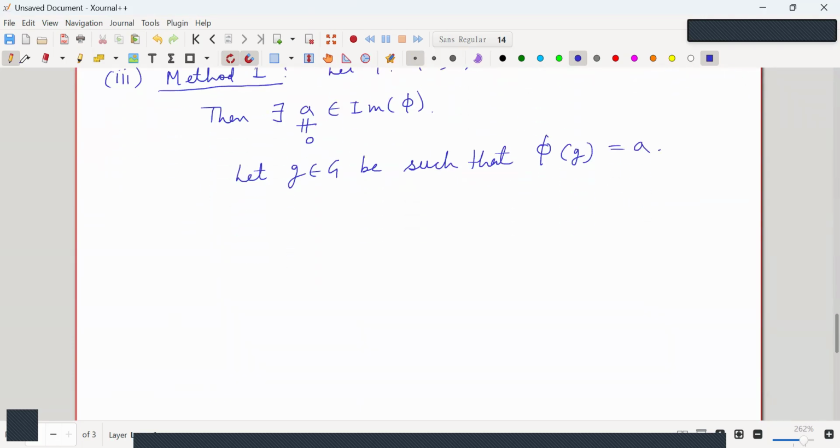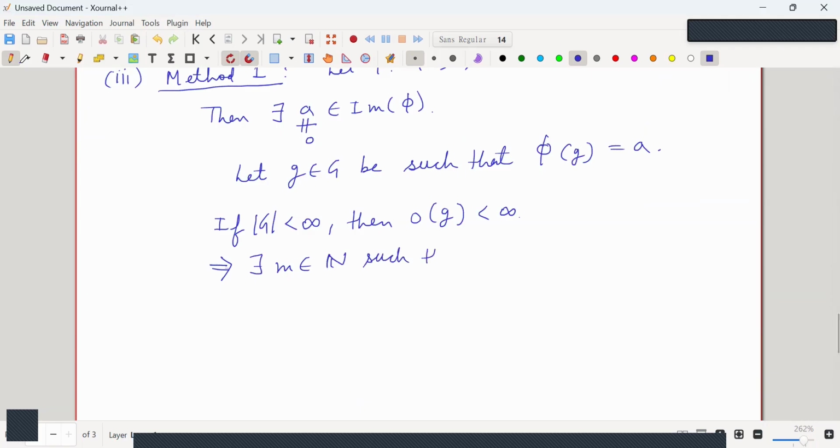If the order of g is less than infinity, meaning if G is finite, then the order of g has to be finite, and that implies there exists some m belonging to N such that order of g is equal to m, which implies g raised to m is equal to the identity of G, right?